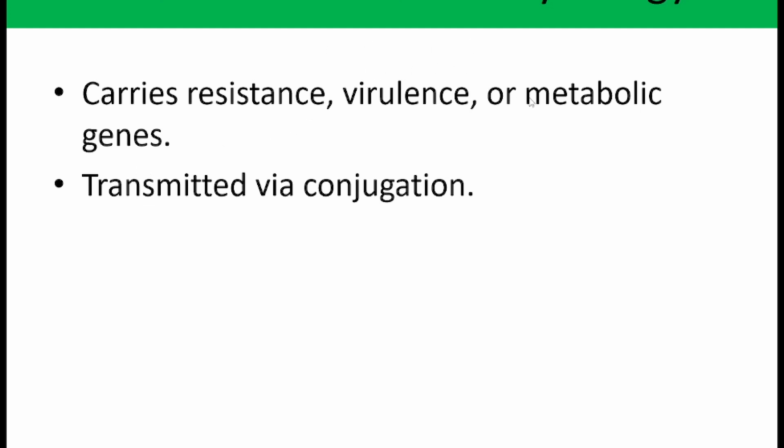Then it is the main agent in conjugation. Between two bacteria, where one does not have a plasmid and the other does, that is the only material that will bring them together through the process of conjugation.